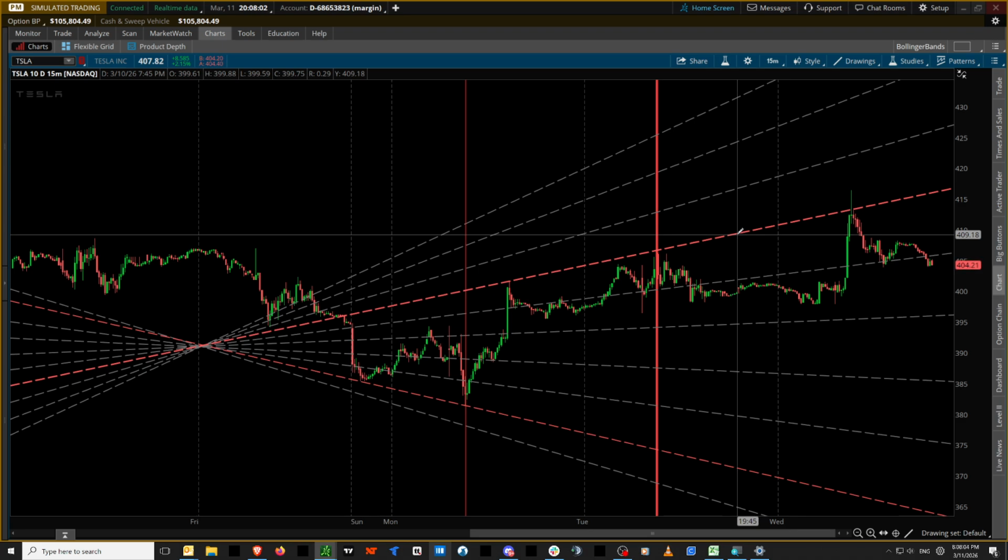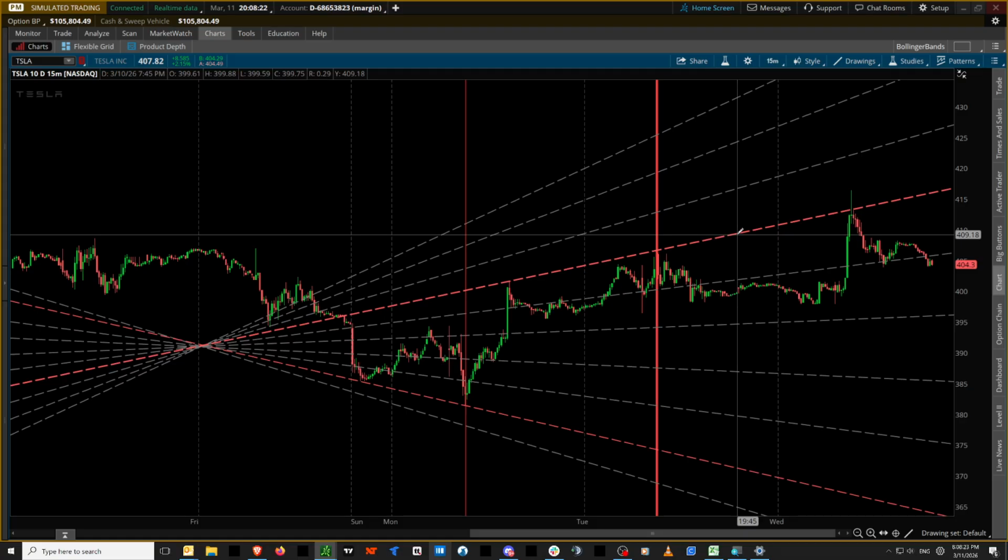So, what do we know about fan lines? They work for some bizarre reason, right? And we can use them as take profit targets. We can use them, if we take them in context, as an entry.